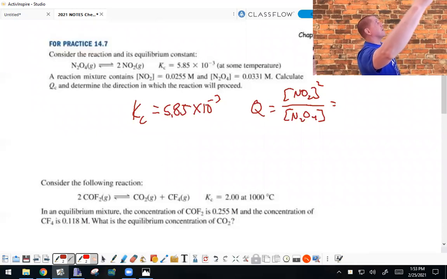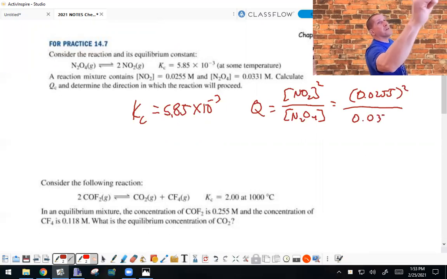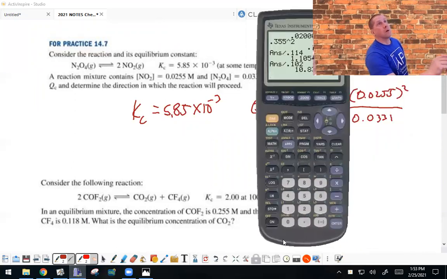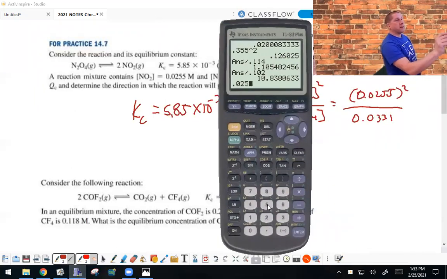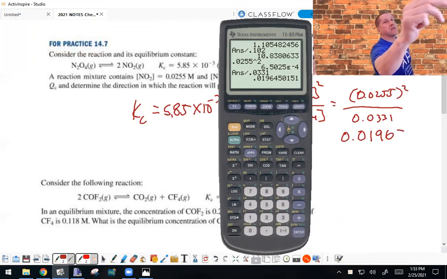The reaction contains 0.0255 for NO2. We're going to square that. And 0.0331 for N2O4. So 0.0255 squared divided by 0.0331, and you get 0.0196 for the Q.